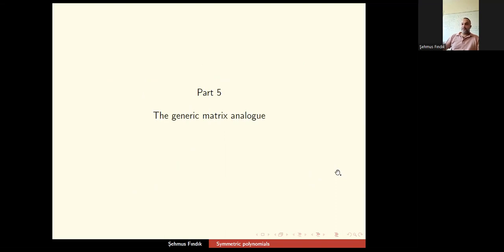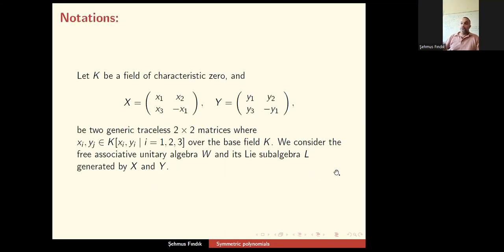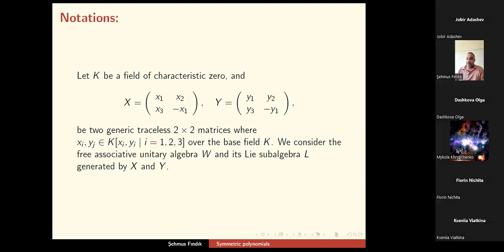Generic matrix analog. So we handle here 2 matrices with entries coming from the polynomial algebra, generated by 6 elements here: x1, x2, x3, y1, y2, y3. And these are traceless matrices, so you have 2 matrices here.